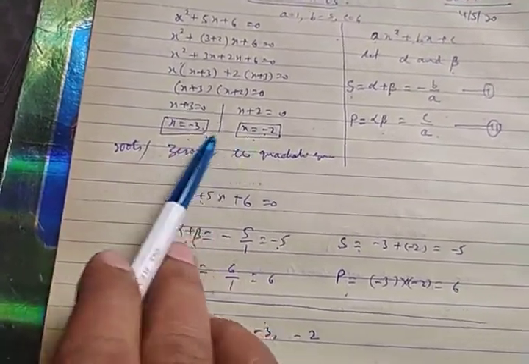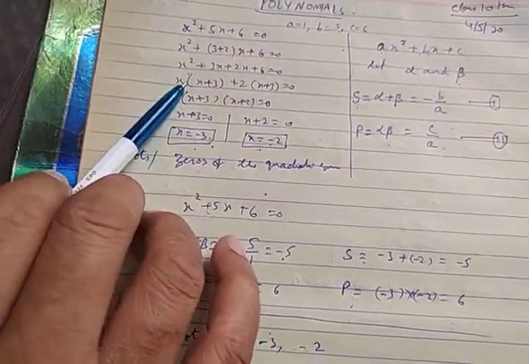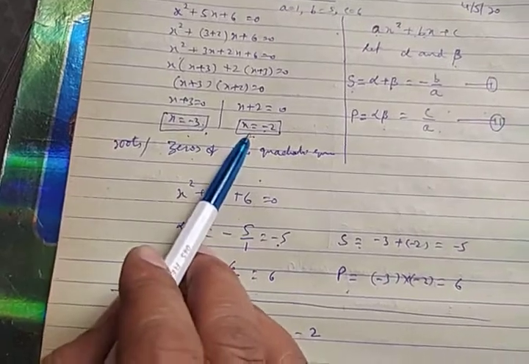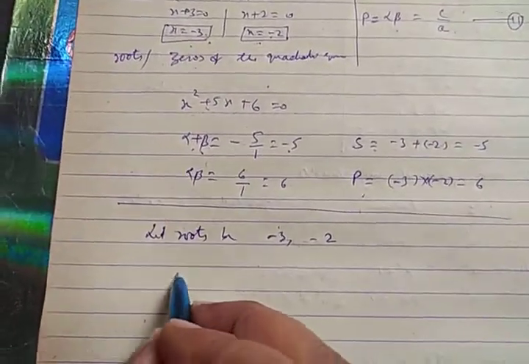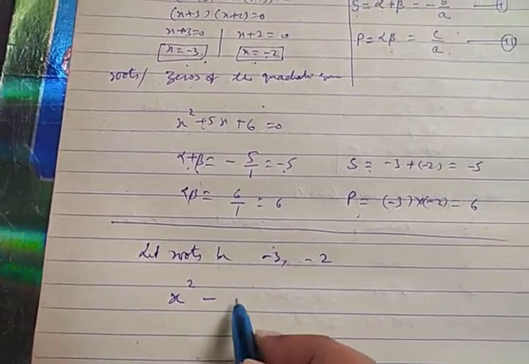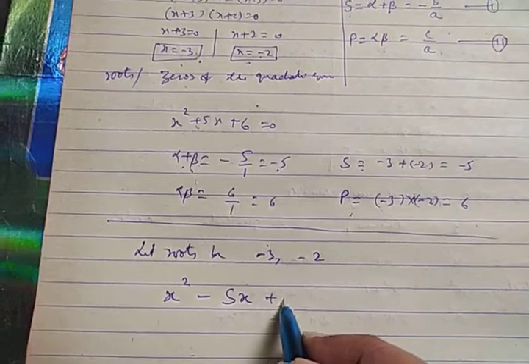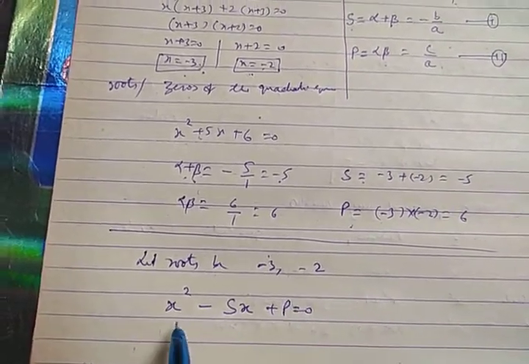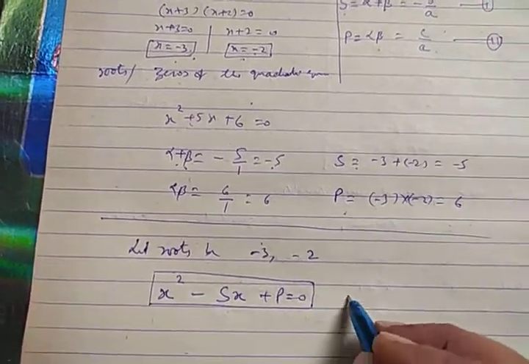These roots have been obtained by solving the equation. Suppose this equation was not given to you, and directly the roots of an equation have been given, these two. Then how to obtain the equation? There is a formula: x square minus S into x, S means sum of the roots, plus P is equal to 0. This is the formula for obtaining the quadratic equation.